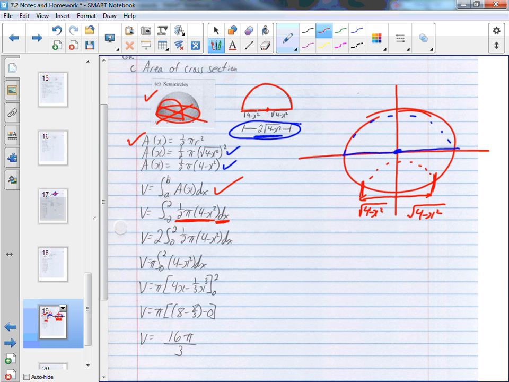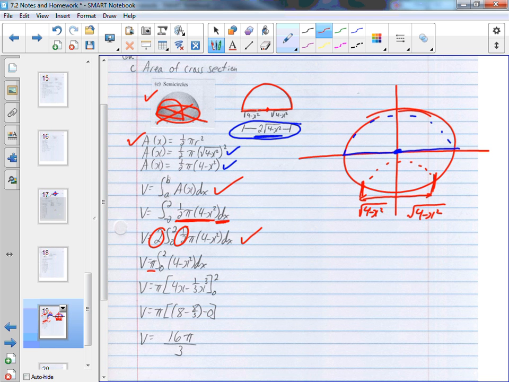All right. And circles are symmetrical. So I can make that 2 times the integral from 0 to 2. Makes evaluating it a little bit easier. So that's all I did there. And then something even better happens. 2 times 1/2 is 1.